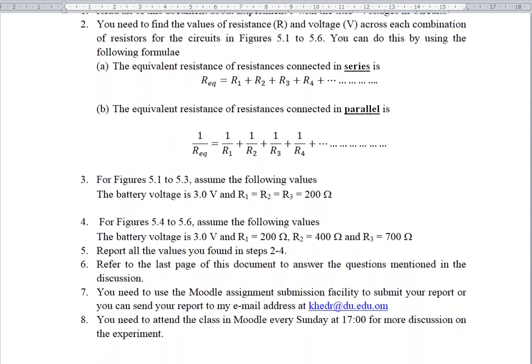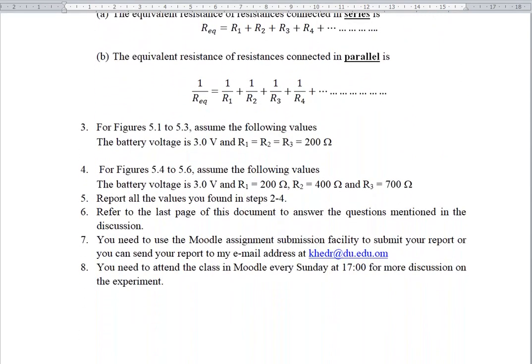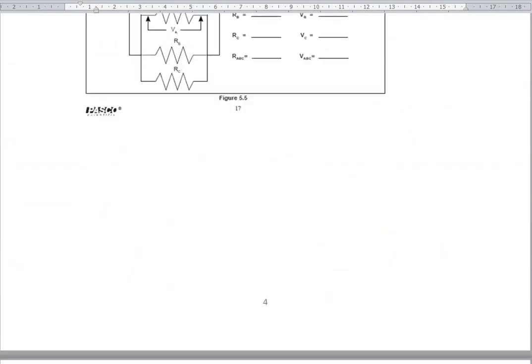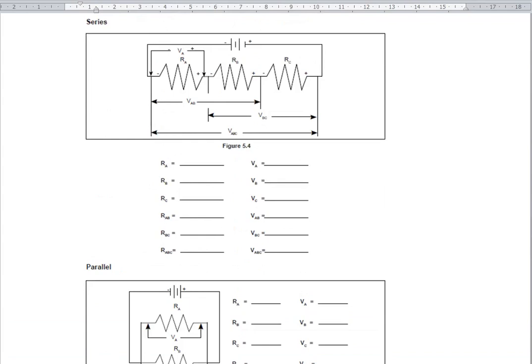Instead of R1, you just make it RA, which is 200. Instead of R2, you just make it RB. Instead of R3, you just make it RC. Okay? So RA is 200 ohm, RB is 400 ohm, RC is 700 ohm. So you need to use these values for the resistances in figures 5.4, 5.5 and 5.6.